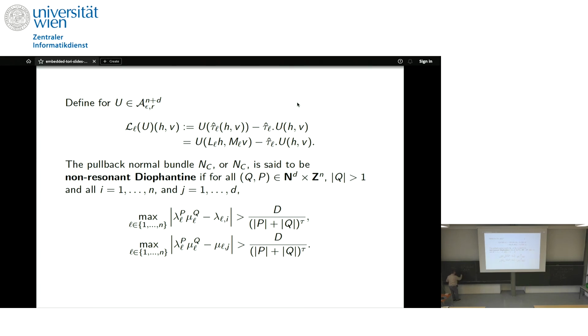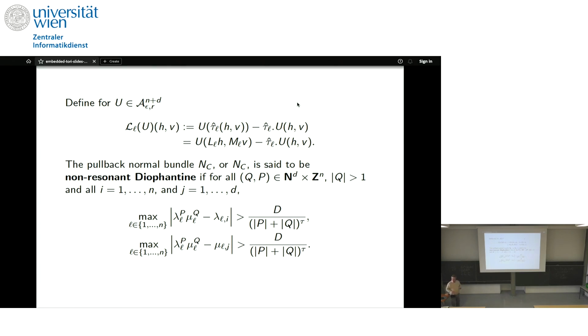And this means lambda_i to the p means lambda_{i1} to the p_1 up to lambda_{in} to the p_n. Okay? So you can easily see that you have that.